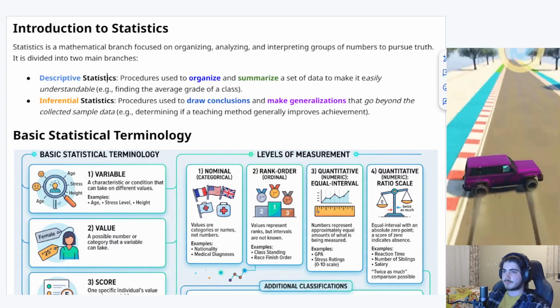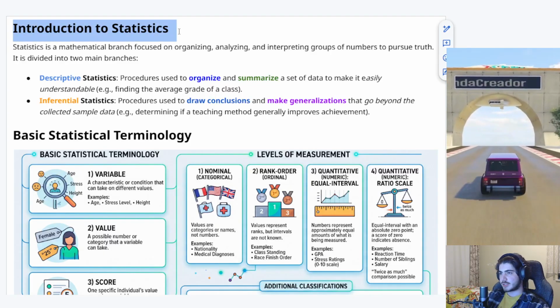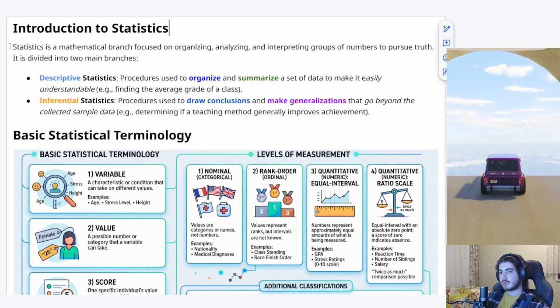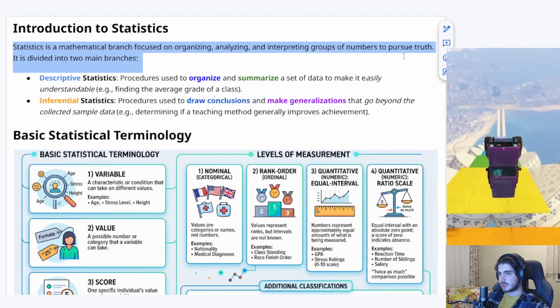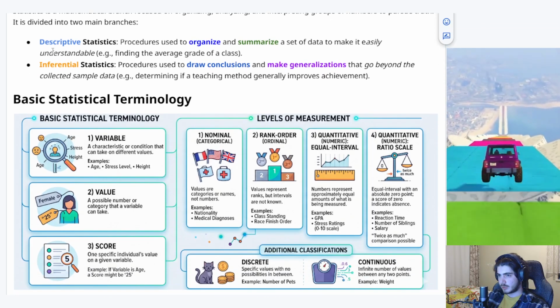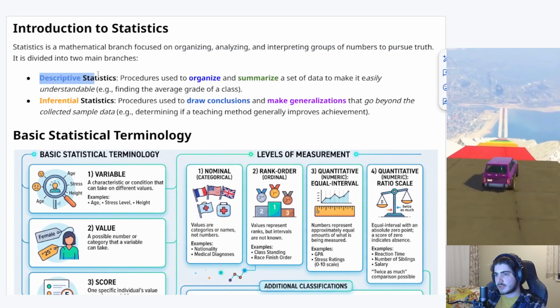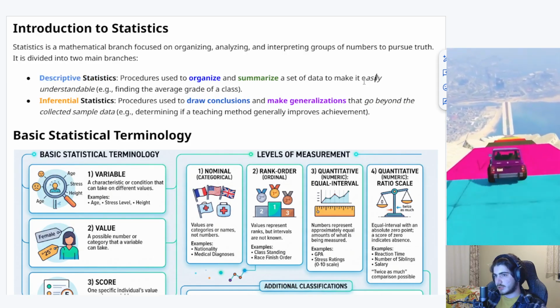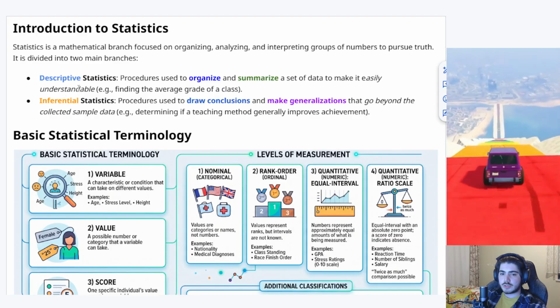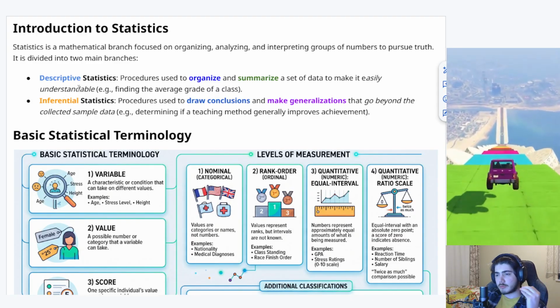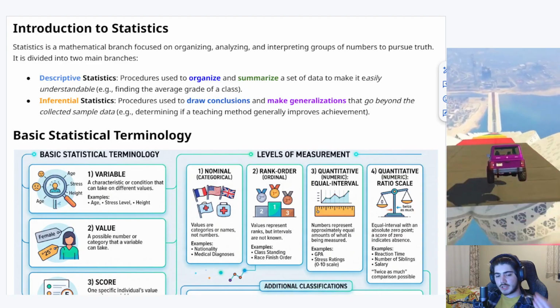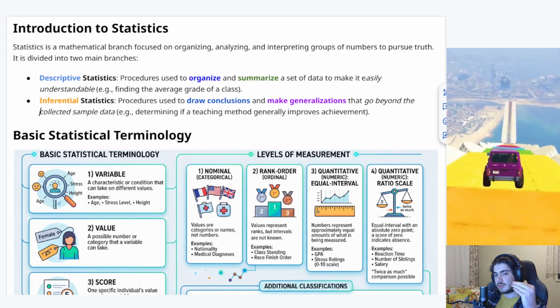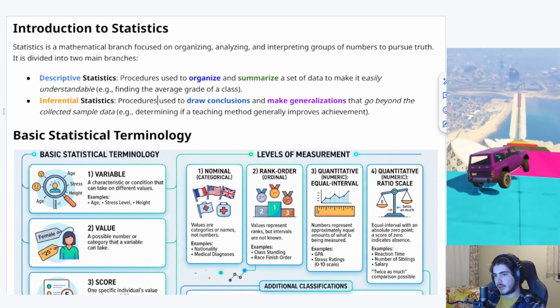Okay, let's get in. So, introduction to statistics. We don't want to look at these definitions, these are not needed. Descriptive statistics are procedures used to organize and summarize a set of data to make it easily understandable. So, it tells you what you have right now instead of generalizing what you have.